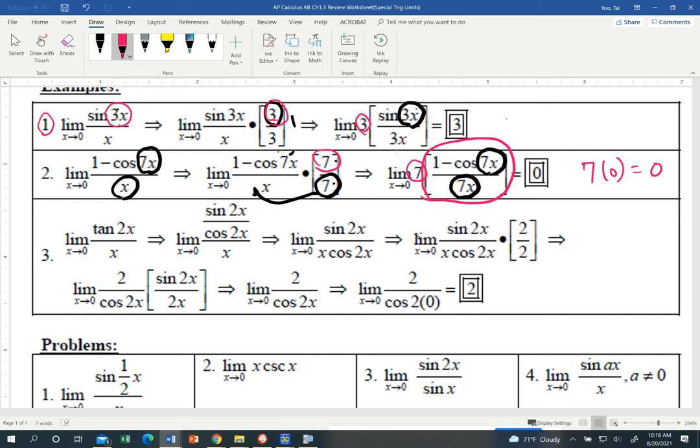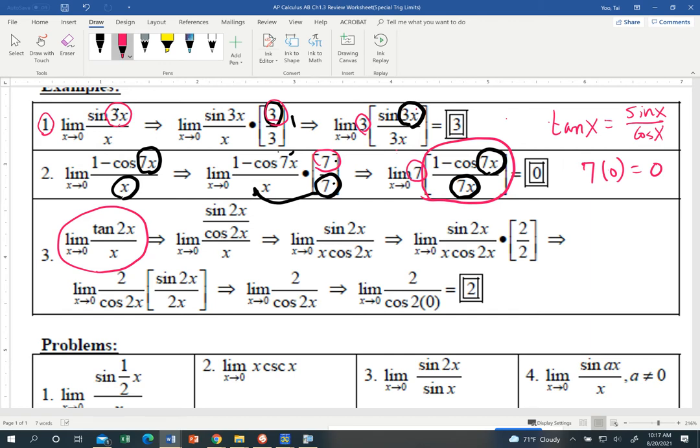I hope everyone knows that tangent x is the same thing as sine x over cosine x. You guys know that? Okay. Well, for this particular problem, there is no formula for that.